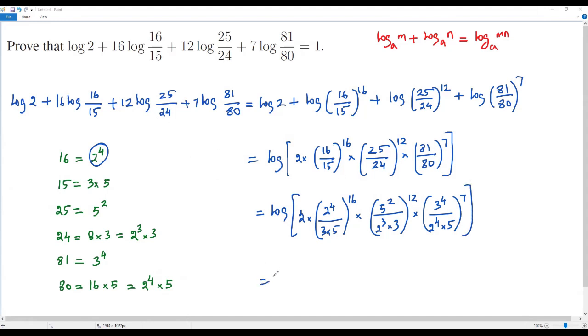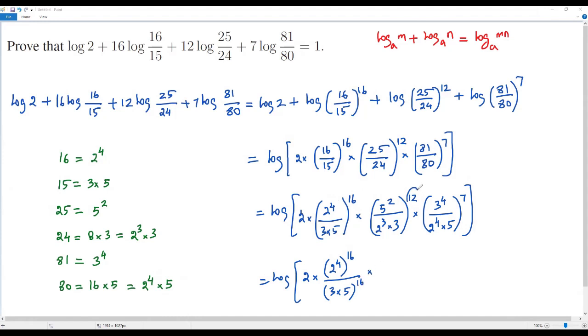Now log 2 times, here we have an exponent 16 for this fraction. Whenever we have an exponent for a fraction, we can take this exponent separately for numerator and denominator. When I do so, I am getting 2 to the fourth power whole to the power of 16 divided by 3 times 5 whole to the power of 16.